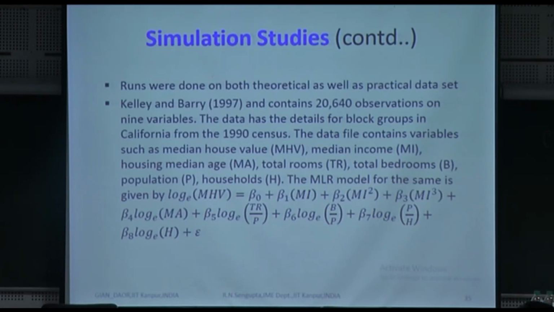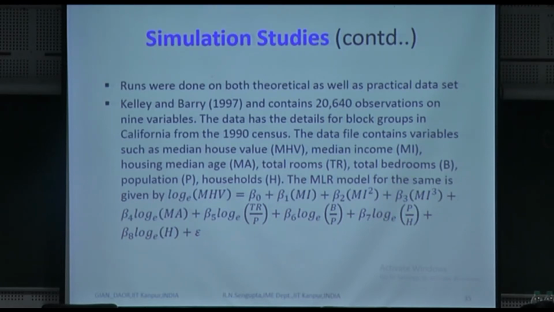And obviously you would be interested to find out, okay, now this model is already given in this paper, so you need not check the normality of these variables. So technically this would be beta naught, beta 1 into x1, beta 2 into x2, beta 3 into x3, beta 4 into x4, where x4 means the log of median age of the house, beta 5 into x5, beta 6 into x6, beta 7 into x7, beta 8 into x8.